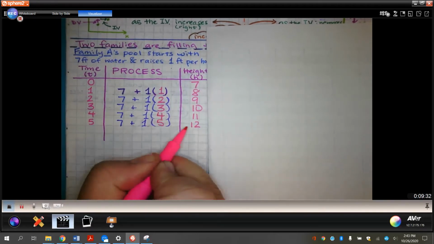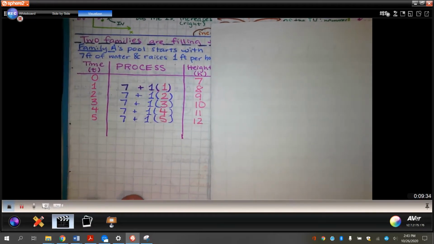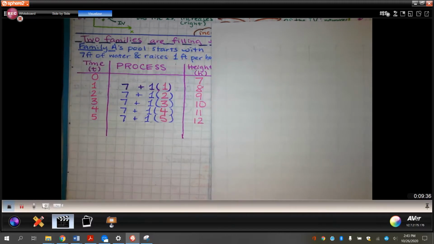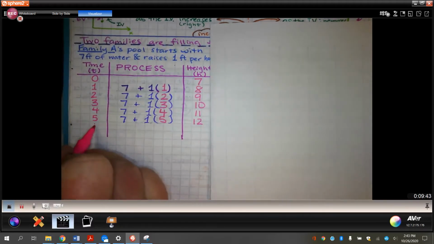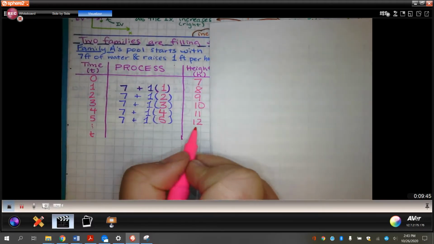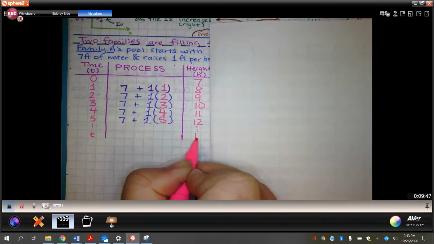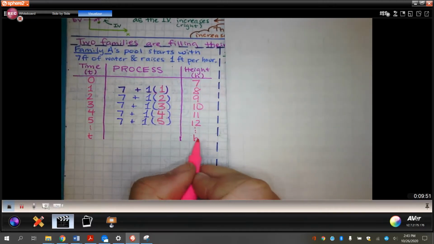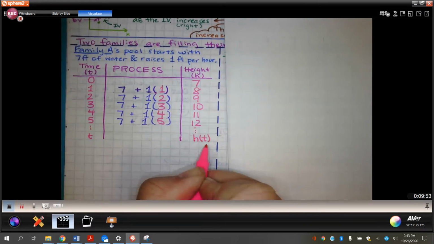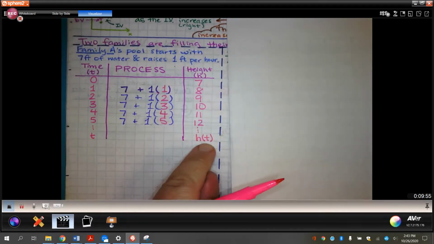There we go. So now, if you didn't notice, I did add these variables up here. So I have lowercase t for time and h for height. And because we want it to be in function notation, this becomes h of t. Remember, the input goes in the parentheses here. Okay? Perfect.